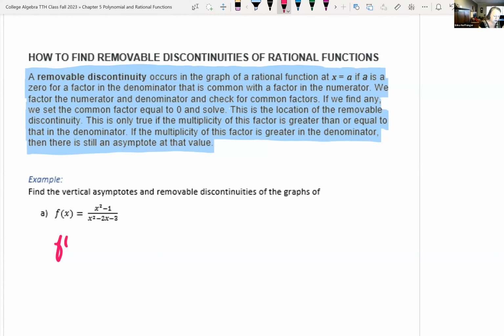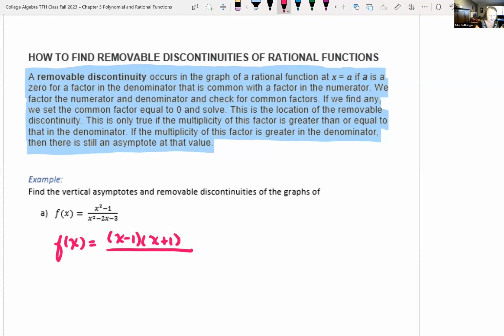Looking at our numerator, we have a binomial, x squared minus 1, a polynomial with 2 terms. Notice that it's a difference of 2 squares, so that's factorable. We can factor that as x minus 1 all times x plus 1.